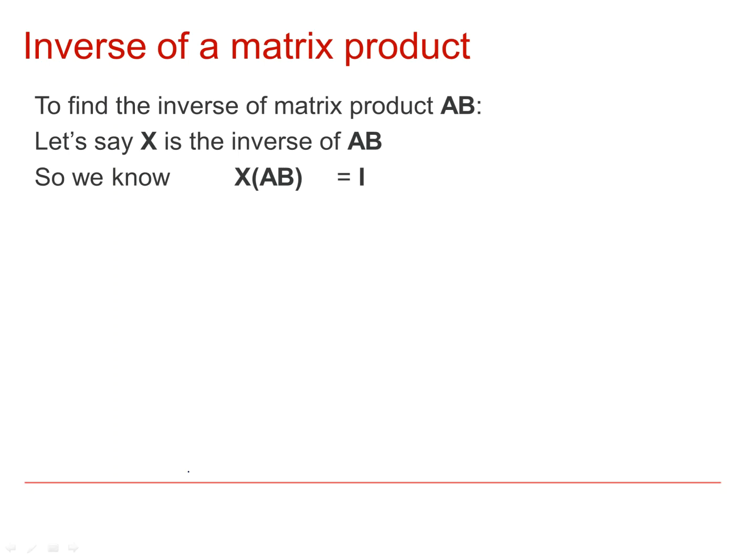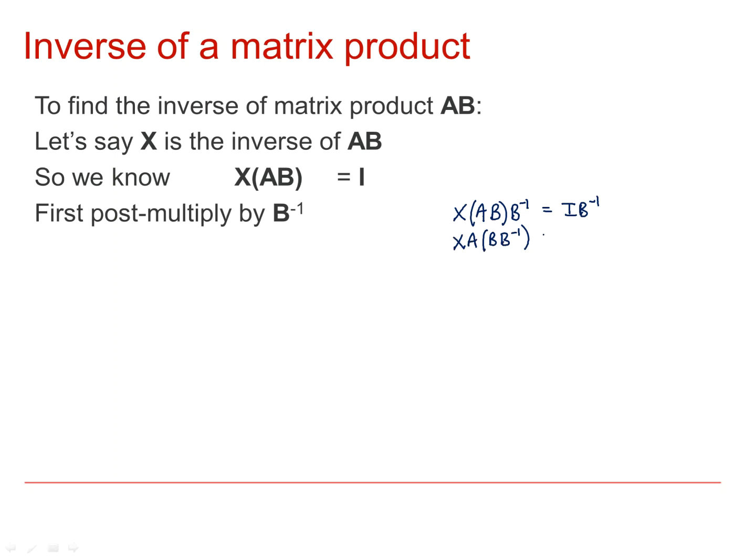First we're going to post multiply by B inverse. That's XAB multiplied by B inverse equals I B inverse. Because matrix multiplication is associative, we can re-bracket it like this.